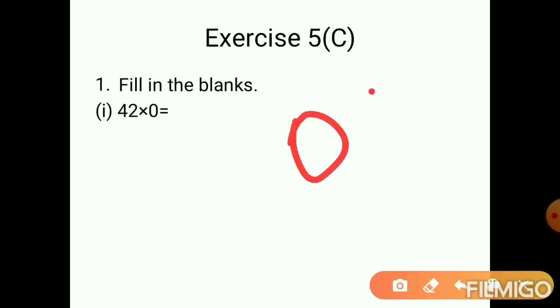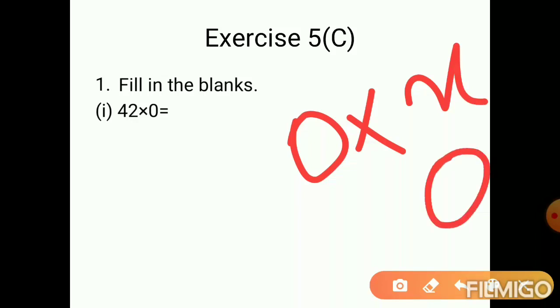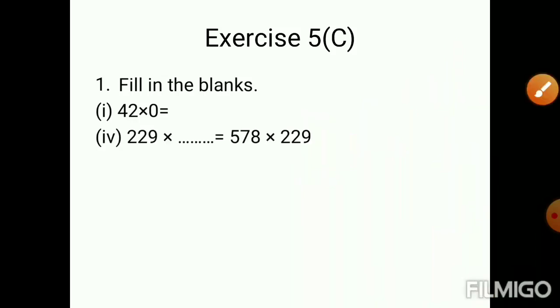When we multiply 0 by any whole number, we will get 0. And which property is satisfied? Basically, it satisfies the closure property. We will get a whole number; 0 is a whole number.